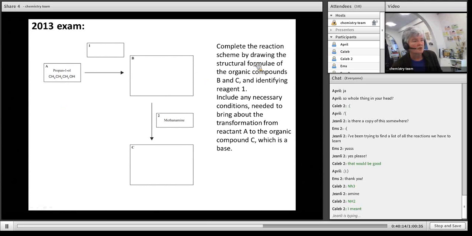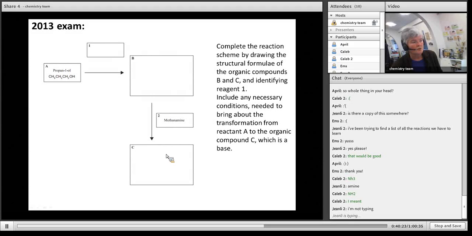So we have to go from propanol to a base over here. We know this is an amine. It could be a secondary amine, and we know we're forming something which we react with a primary amine, methanamine. Can you remember what reacts with a primary amine?